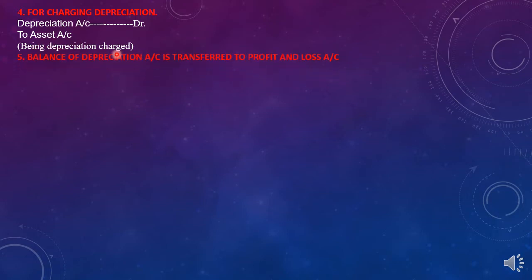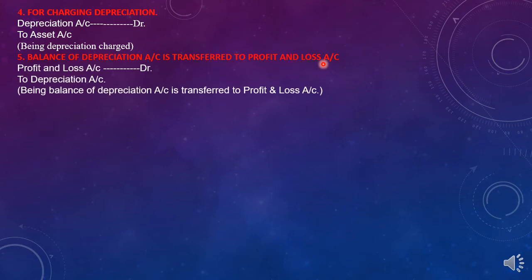Next, once the depreciation has been charged, it will be transferred to the P&L account, meaning the profit and loss account. So the accounting treatment for transferring depreciation to the P&L account is profit and loss account debit to depreciation account.